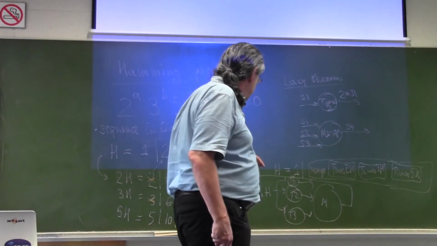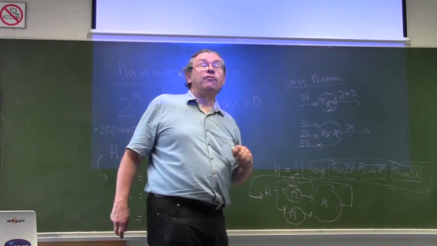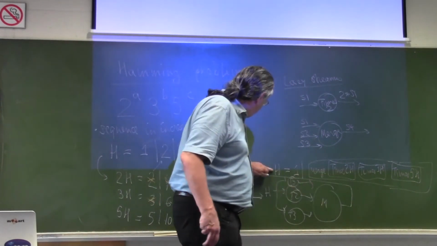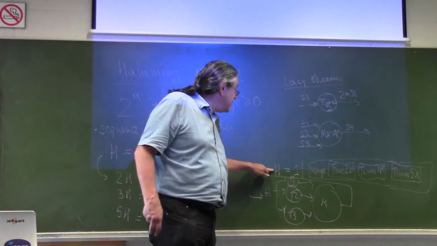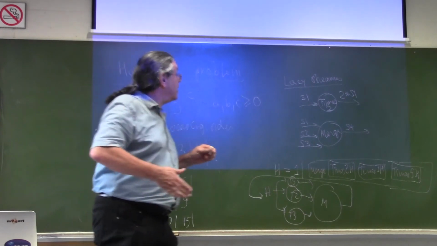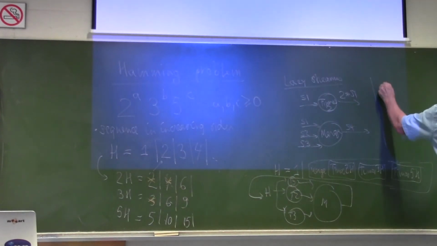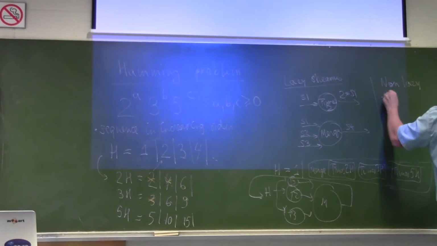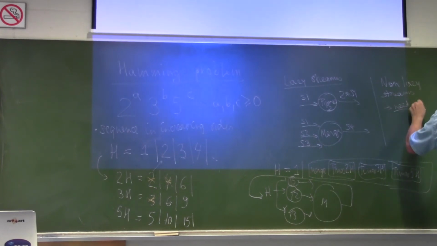Okay? So it's actually a recursive program using lazy streams. So if I use regular streams, non-lazy, then it's a problem, because I have to tell you the limit. I need to know the limits, the end.